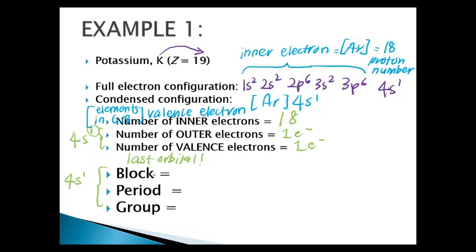So the block for potassium would be block S. For the period, look for the highest number n, which is 4, so it must be period 4. And for the group, the valence electron is 1, so potassium must be in group 1.